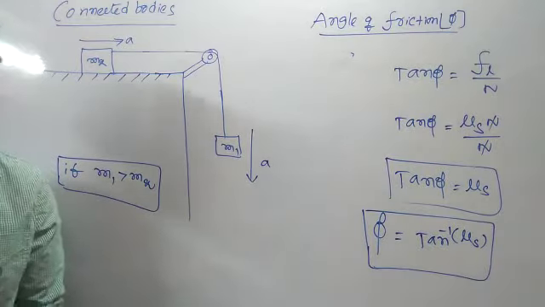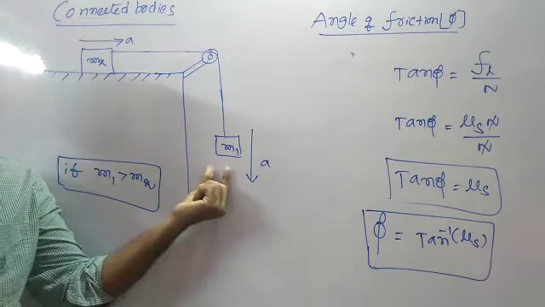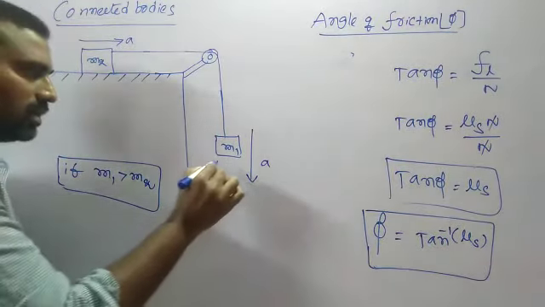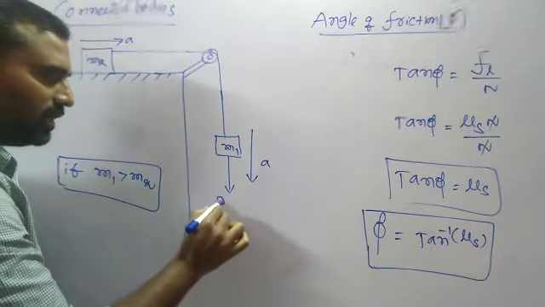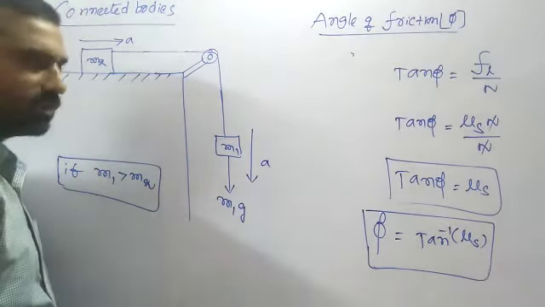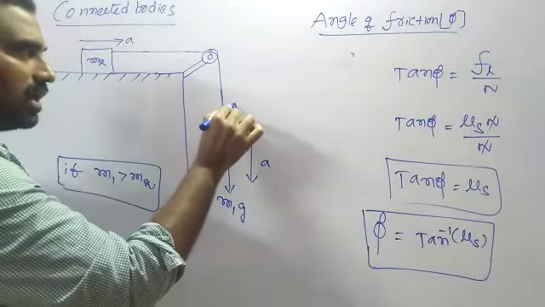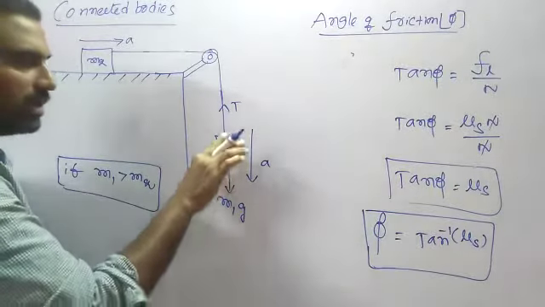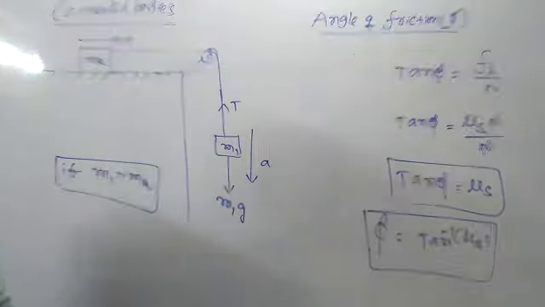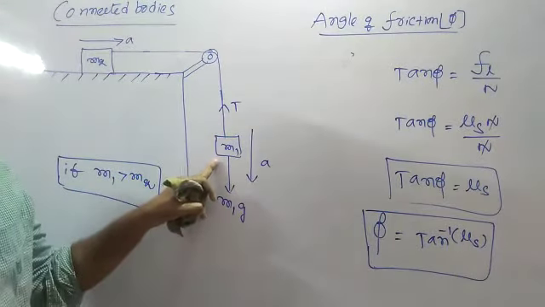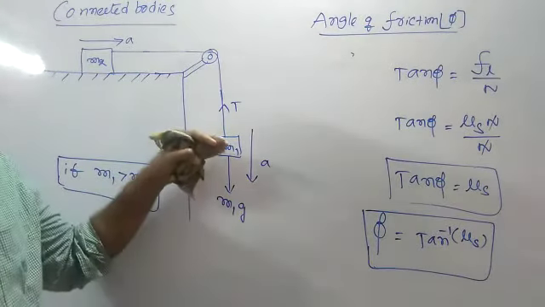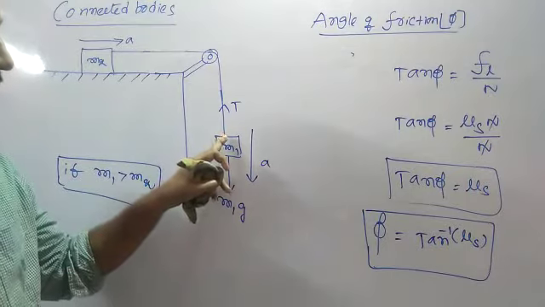Now, individually on M1, what are the forces? Its weight M1G acts vertically down. Tension in the string is always away from the block, to prevent the block from falling.